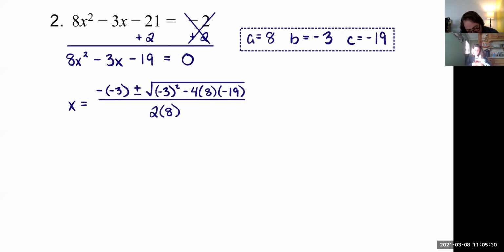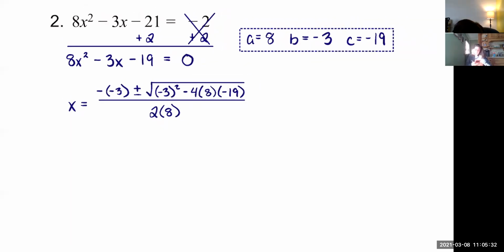So the next step would be cleaning up those parentheses one at a time. So I'll have negative 3, which is a positive 3, plus or minus the square root of negative 3 squared. That's negative 3 times negative 3, which is a positive 9. Then I may need to grab a calculator here. Negative 4 times 8 is a negative 32.